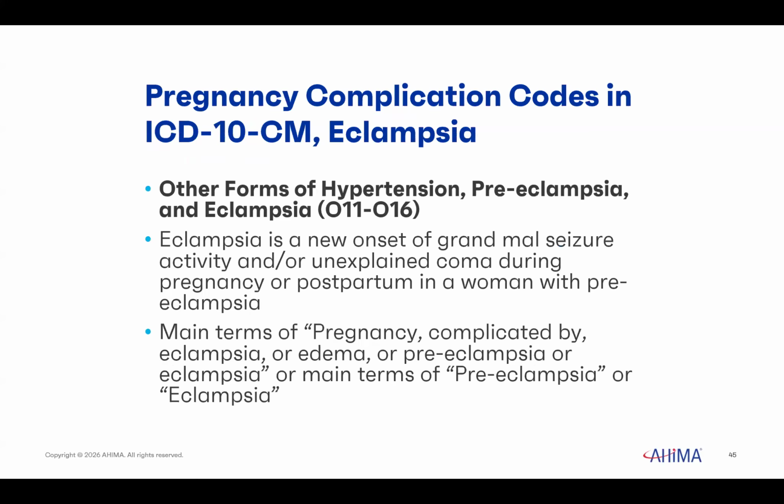The difference between eclampsia and preeclampsia: eclampsia is a new onset of grand mal seizure activity or an unexplained coma during the pregnancy or postpartum in a woman with preeclampsia. And again, the main term would be pregnancy complicated by eclampsia, or edema, or preeclampsia, with the main terms of preeclampsia or eclampsia.